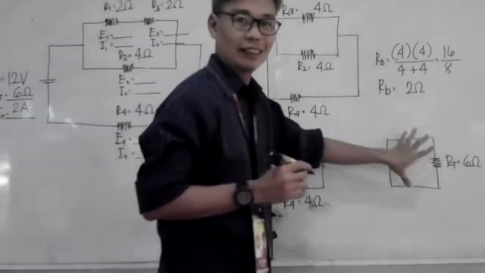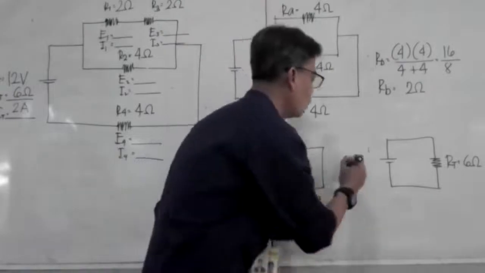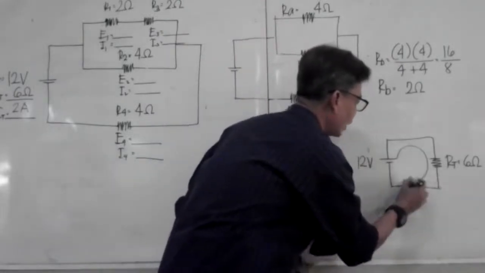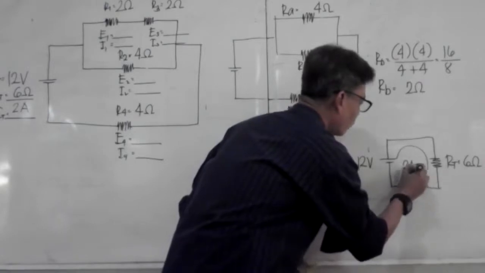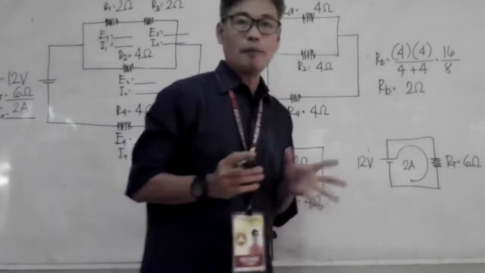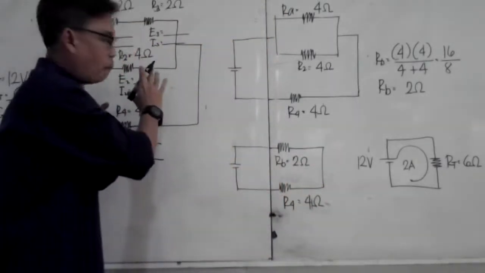We go back to our final diagram. So you know na voltage ito is 12 volts, and ang current na dumadaloy dyan is 2 amperes. Okay, this is our final solution. Now ito naman, pag-put sa complex siya.